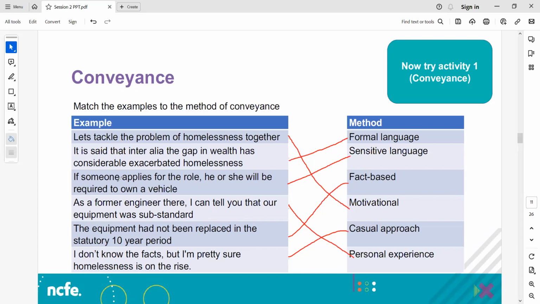So to make it more sensitive: if someone applies for the role, he or she will be required to own a vehicle. Okay, so it's a bit trickier, that one, but it's just written in a more sensitive way. Rather than coming across as rude and direct, they've made it more of a situation, using the word if: if someone applies, they would be required to own a vehicle.